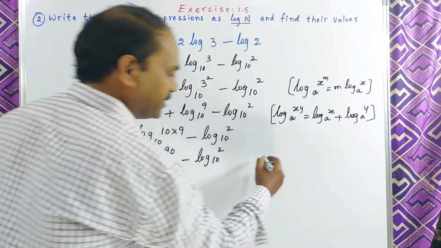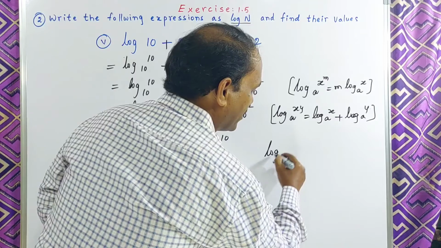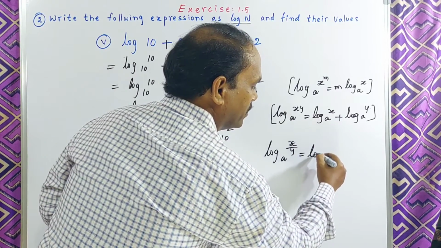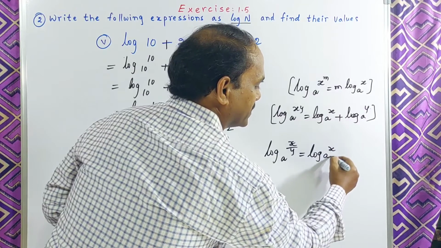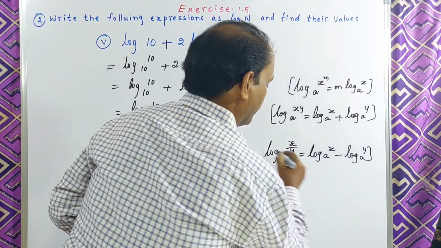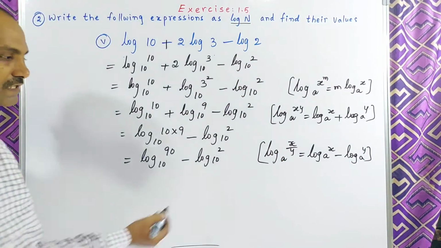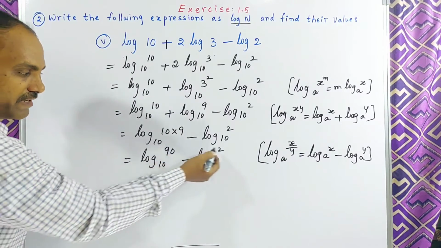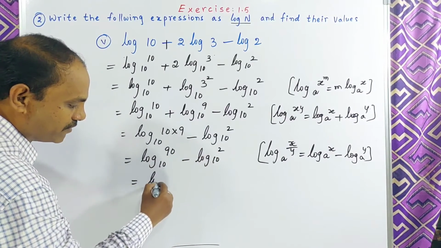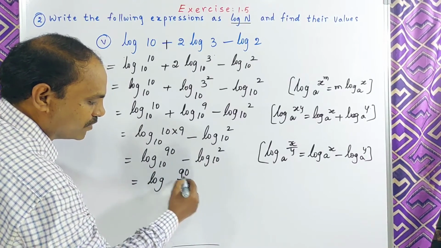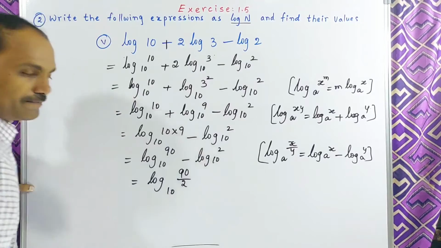Again minus is there, that's why it is in the form of log x by y to the base a is equal to log x to the base a minus log y to the base a. By using that formula we can divide 90 by 2, log 90 by 2 to the base 10.